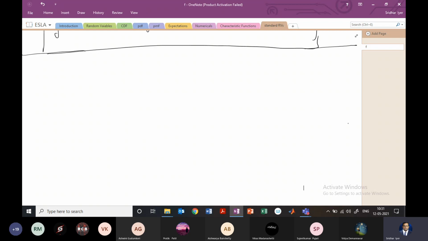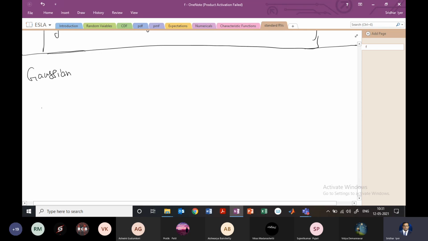Okay, so let us look at the next random variable. The next random variable is a very important random variable, and that random variable is known as the Gaussian random variable.